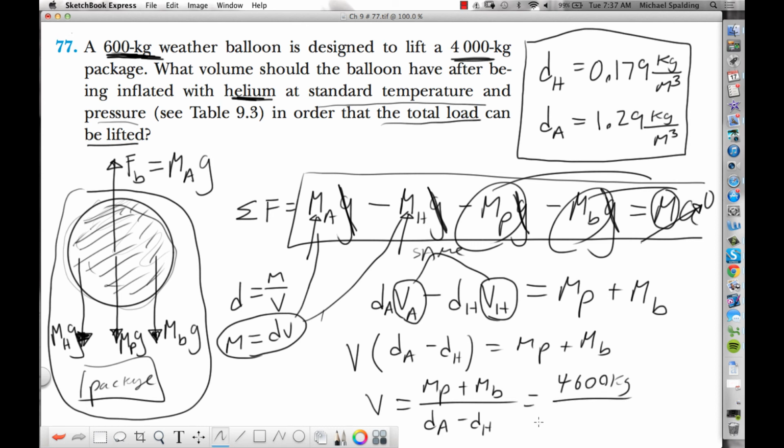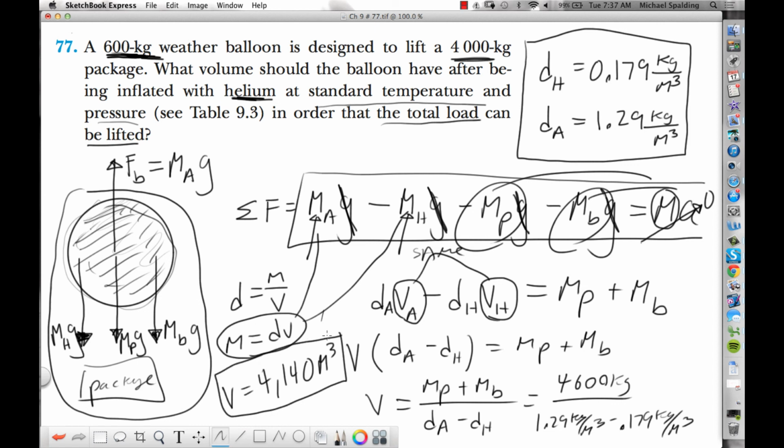Then density of air, 1.29 kilograms per cubic meter. Density of helium, 0.179. So the answer is 4,140 cubic meters. That's a big balloon. Real big.